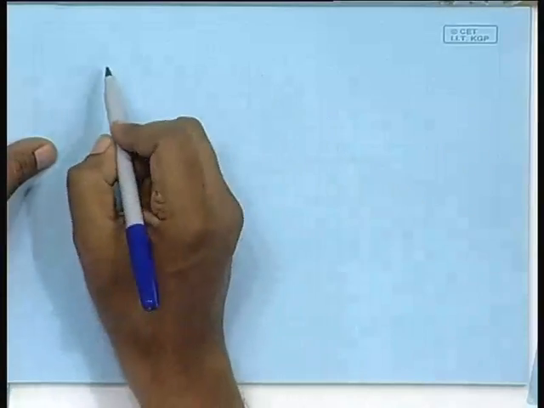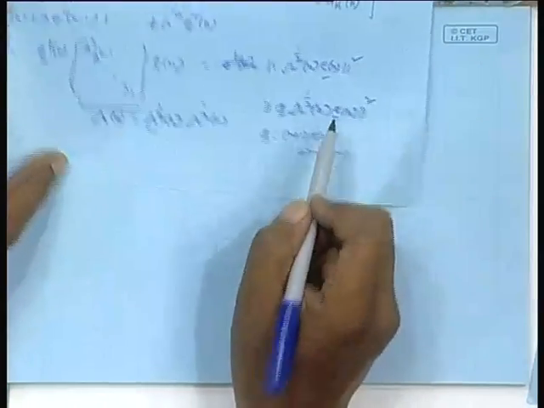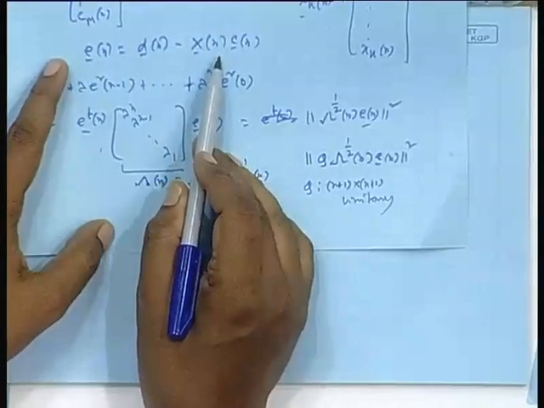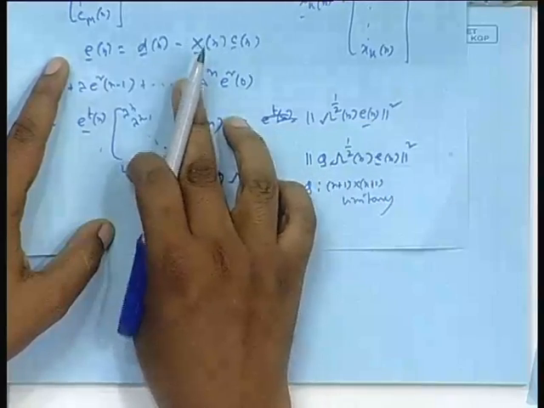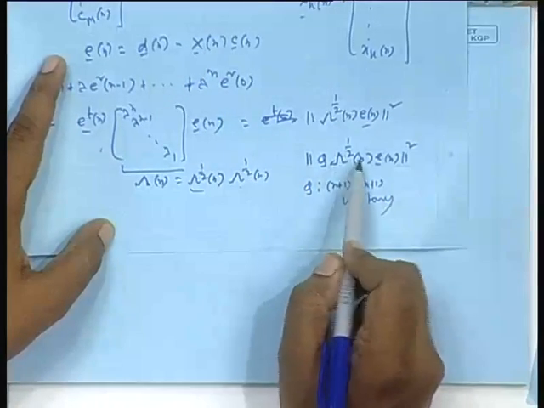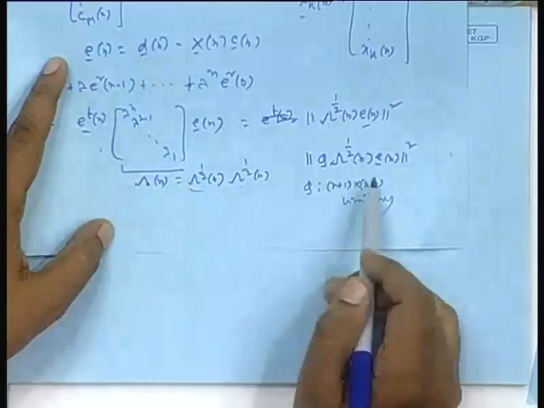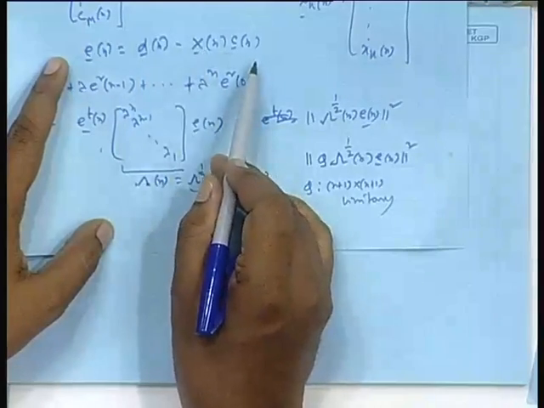Now, this is a quantity. Yeah? I know this En is this dn minus this fellow. I replace En by that. So, this lambda half n times dn, one vector, lambda half n times xn into cn, another vector.